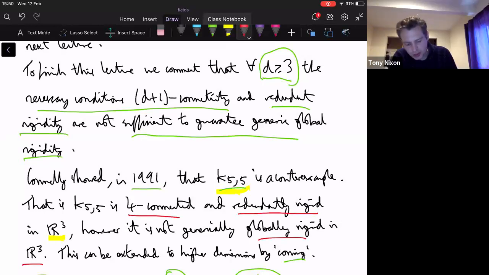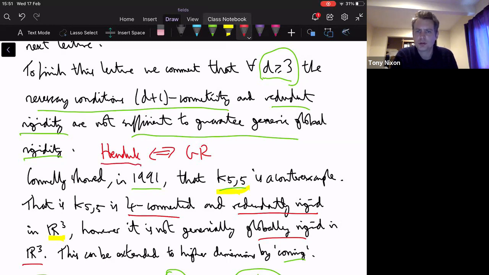When you say counterexample, you might think that the Hendrickson conditions are if and only if for global rigidity. I think it probably was believed at some point, maybe in the 90s, that you would be globally rigid if and only if you were redundantly rigid and four-connected in 3D. Maybe even Hendrickson himself conjectured that in his paper. I'm not 100% sure of that. But when I say counterexample, it's to this if and only if.